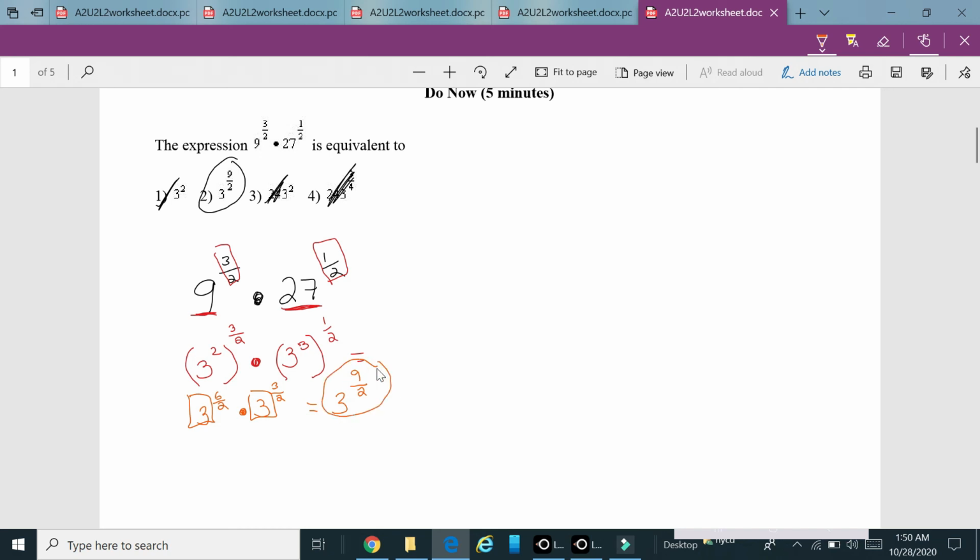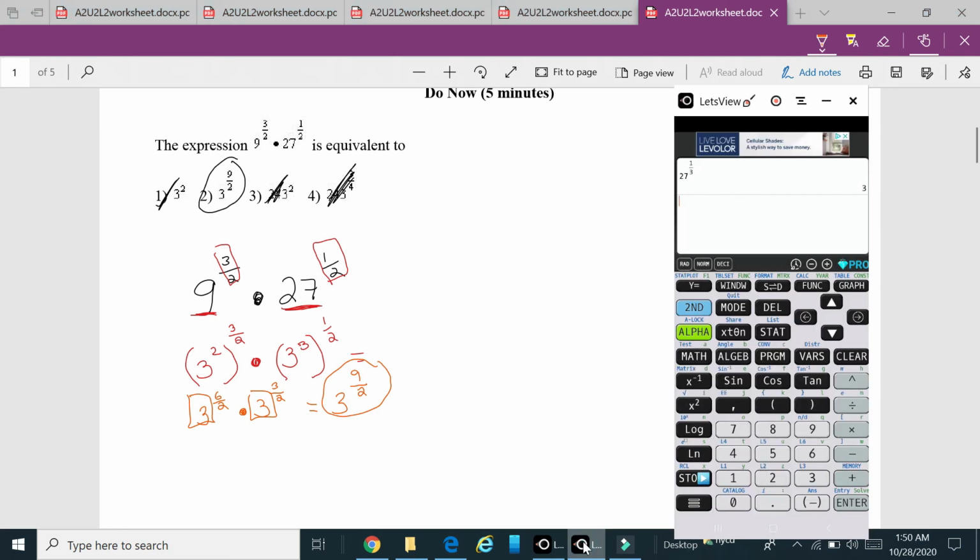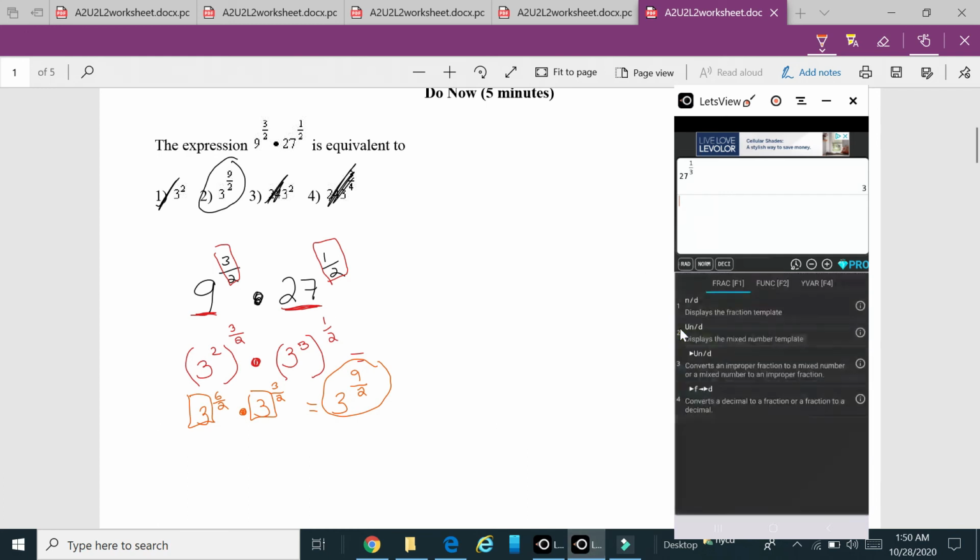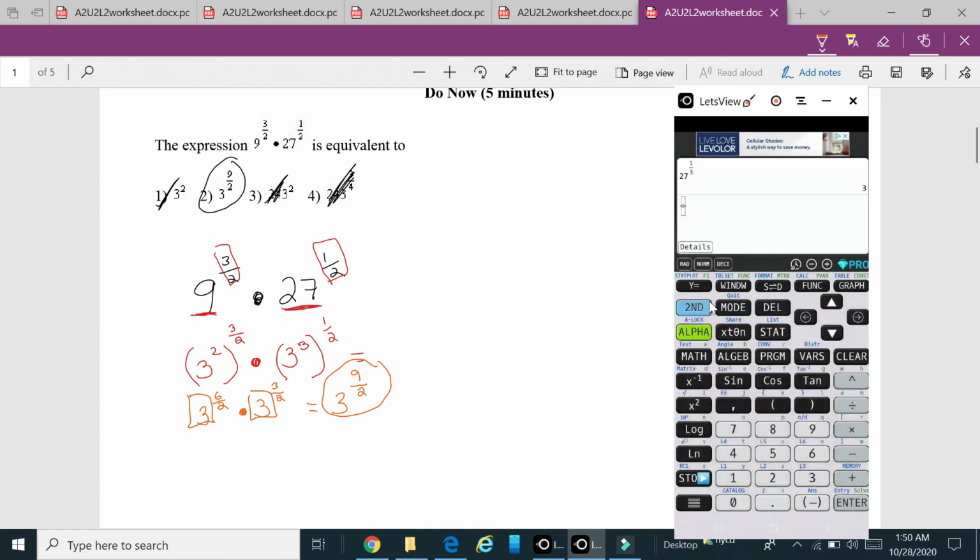Now, if you don't feel comfortable adding the exponents in fraction form, what you do here is you hit alpha, which is right here, y equals, you punch in number 1, and then you're going to hit 3 over 2.